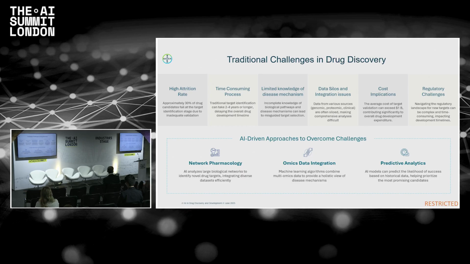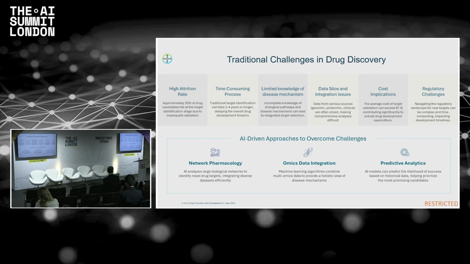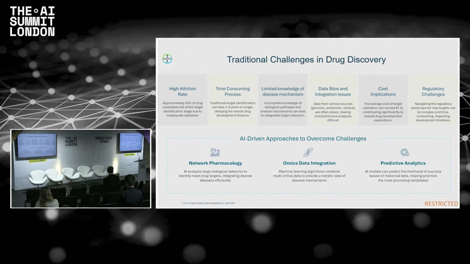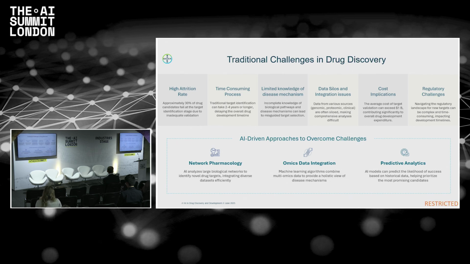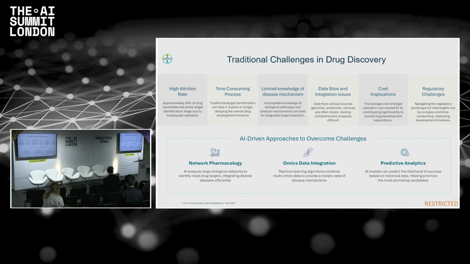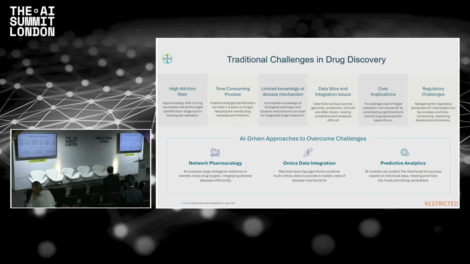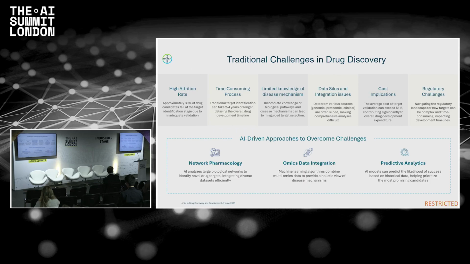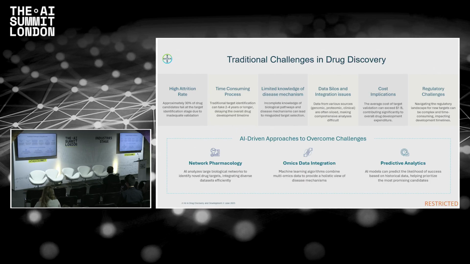You have got a disease, and you are trying to identify a target where your drug can bind. Then there is limited knowledge of the disease mechanism. Regardless of the science, there are still diseases where there are multiple pathways, and we don't know which pathway to target.